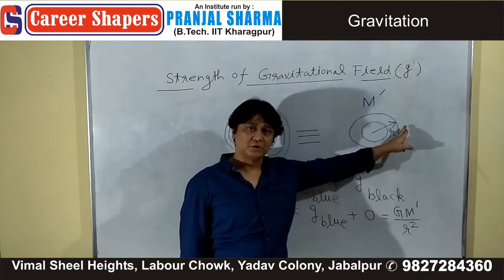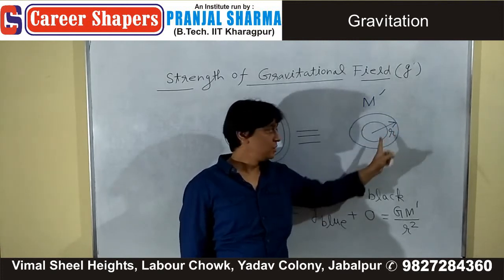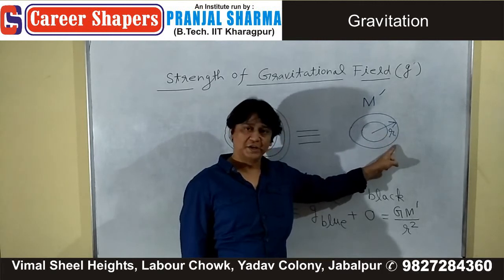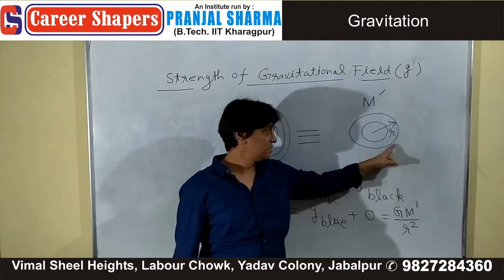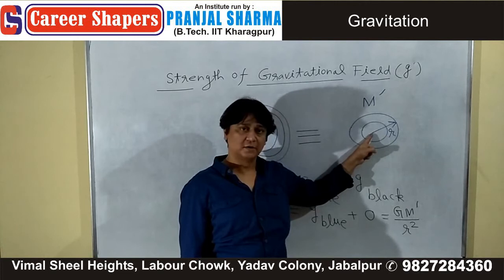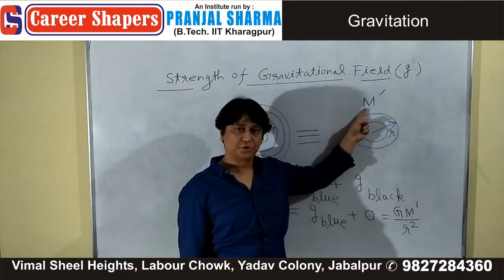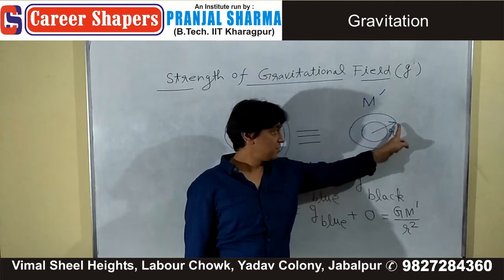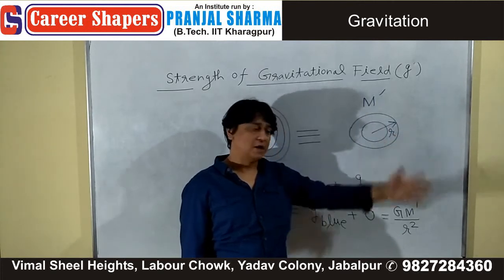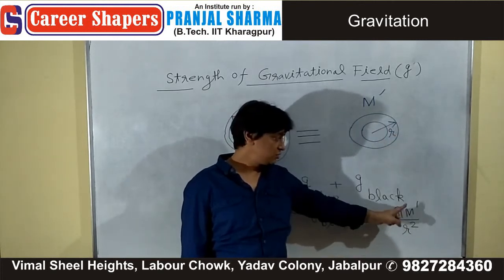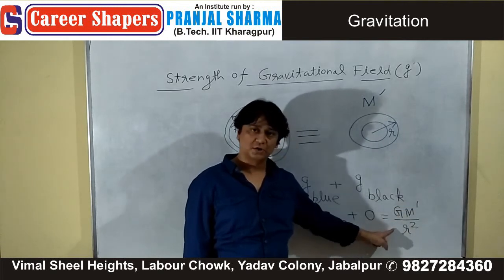If the point is outside, then the mass of all these blue shells can be considered at the center. Now, what is the total mass at the center? M dash. Distance from the center to this point is what? R. And therefore, gravitational field is what? G m dash upon r square.